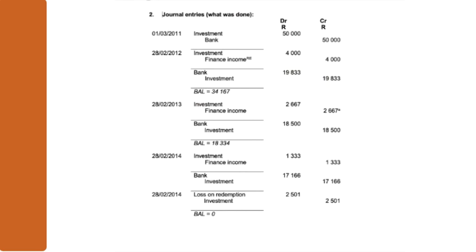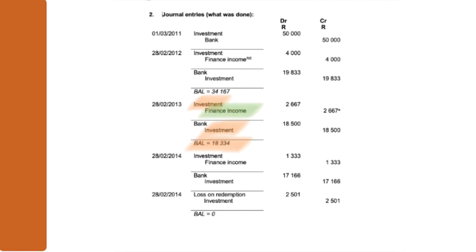We now do the same for the 2013 reporting period. We first go and have a look at the journals of what was done. Which items are affected? Well, we have investment, again investment, and the investment has a balance. What else was there? The finance income. That is what was done.